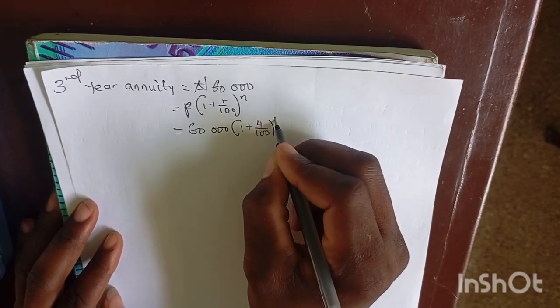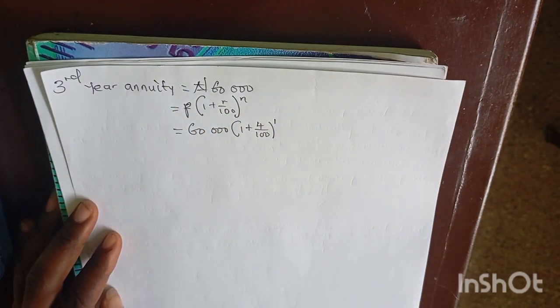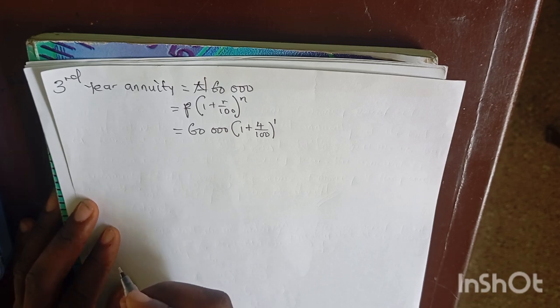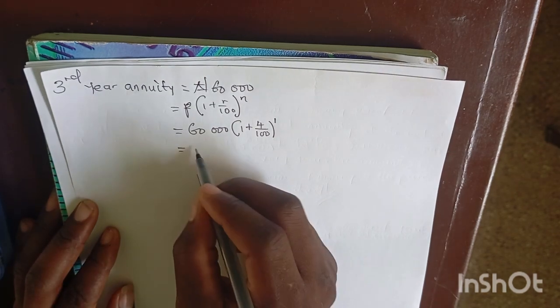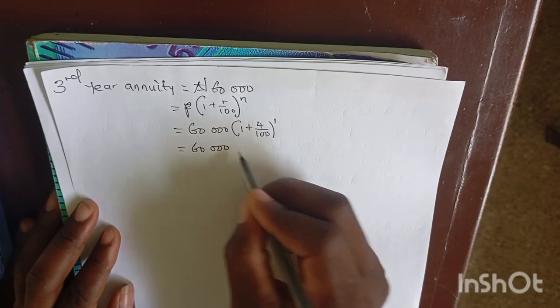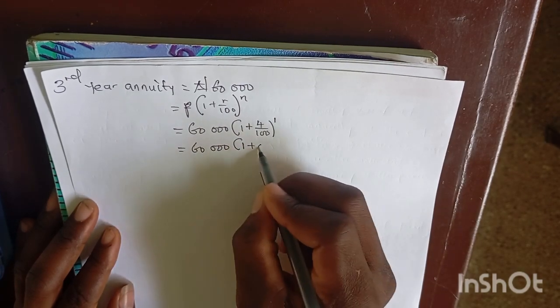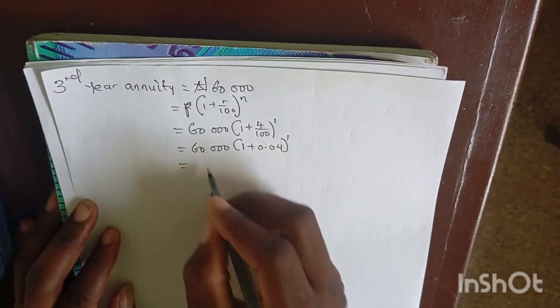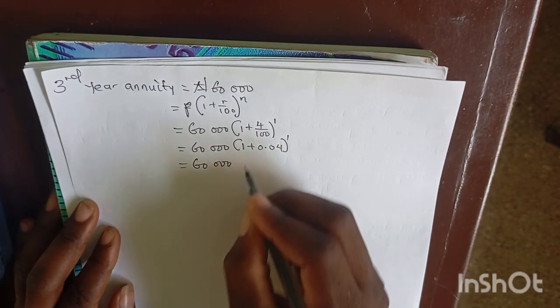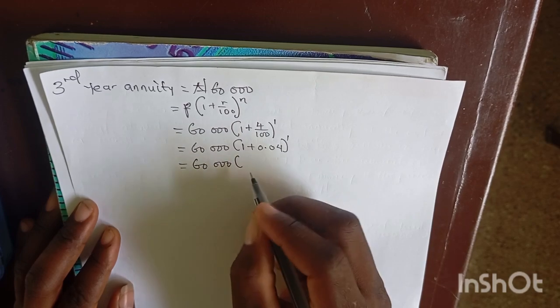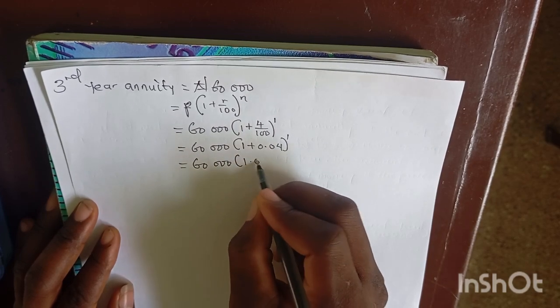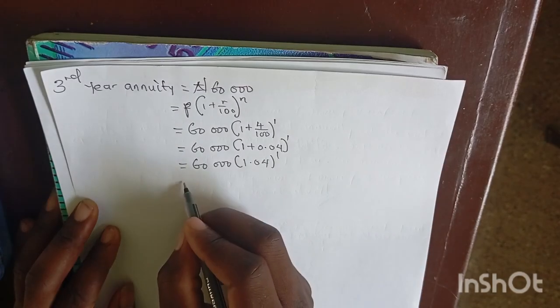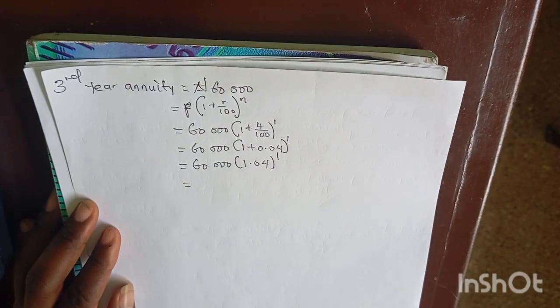We have already worked with 2, so now we have 1, because the power reduces by 1 as the years go by. That is 60,000 open bracket 1 plus 0.04 raised to the power of 1, which is 1.04 raised to the power of 1, and a power of 1 is still equal to what we have.